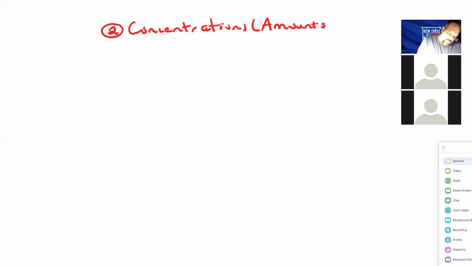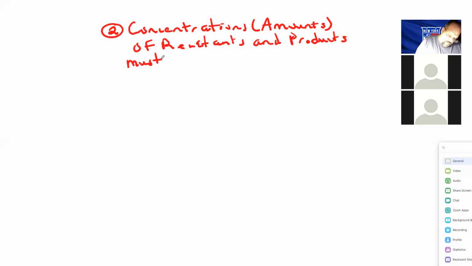The second thing that has to be true is that the concentrations, or the amounts, of the reactants and products must be constant. In other words, they are no longer changing.